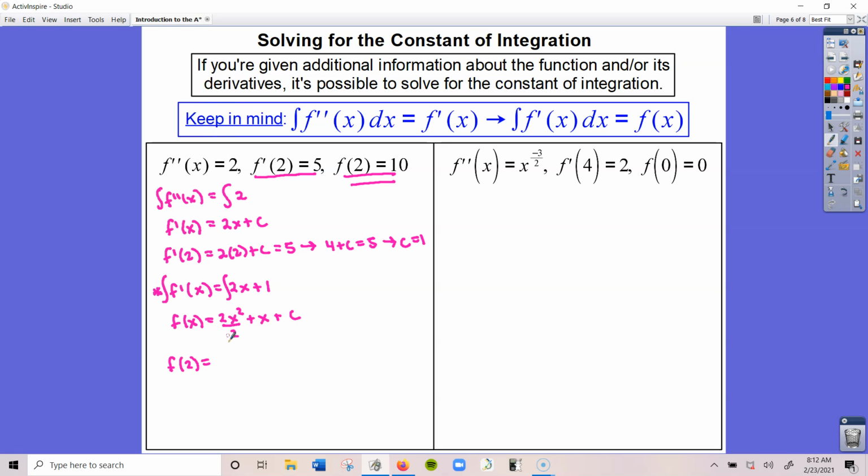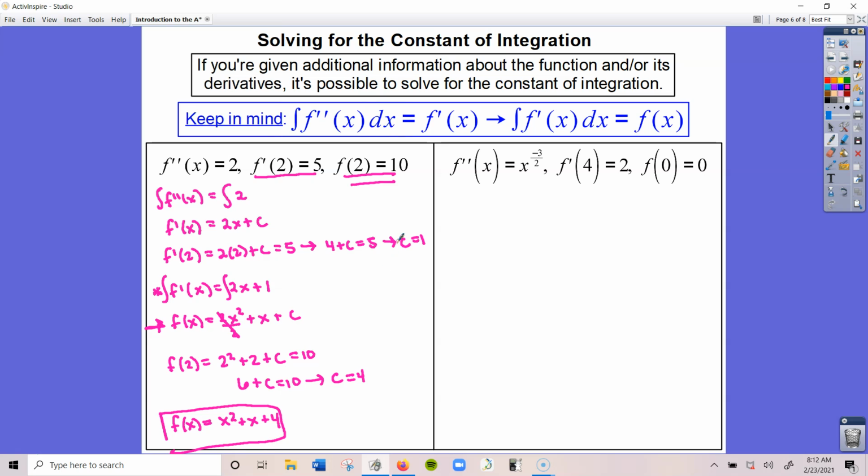F of 2 is equal to, and I forgot here to cancel out these 2's, so 2 squared plus 2 plus c is equal to 10. 2 squared is 4, plus 2 is 6, plus c is equal to 10. That means that c must equal 4. So now our function f of x is going to equal x squared plus x plus c, which is 4. And that's just by looking at this function here. And this would be my actual f of x function.